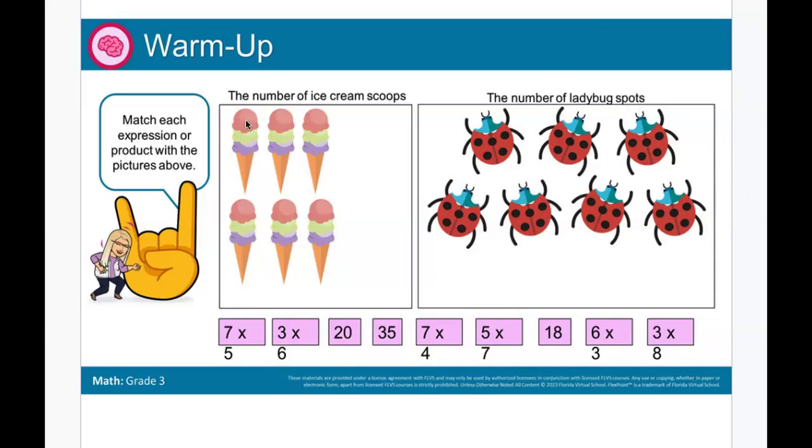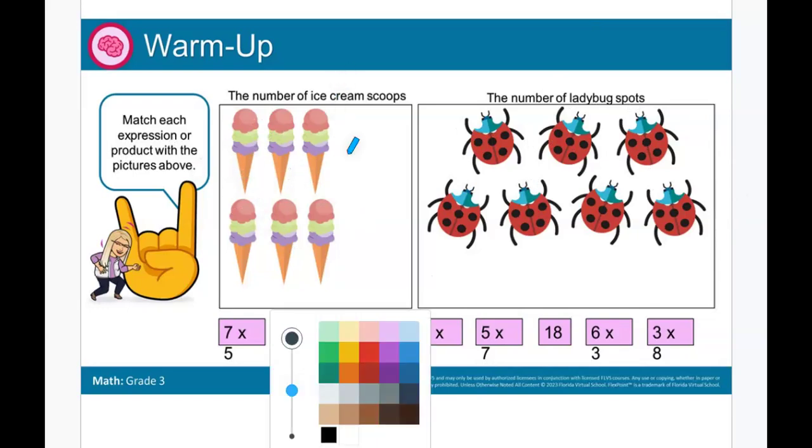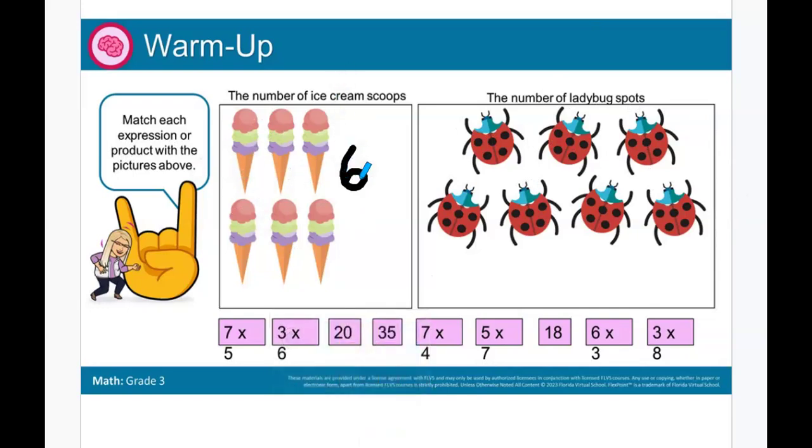Something I noticed, there's 1, 2, 3 scoops, and there's 1, 2, 3, 4, 5, 6 groups, because there's 6 cones, which means there's 6 groups of the number 3. Now I'm going to look down here to match my expression with the product. Why is it not this one?